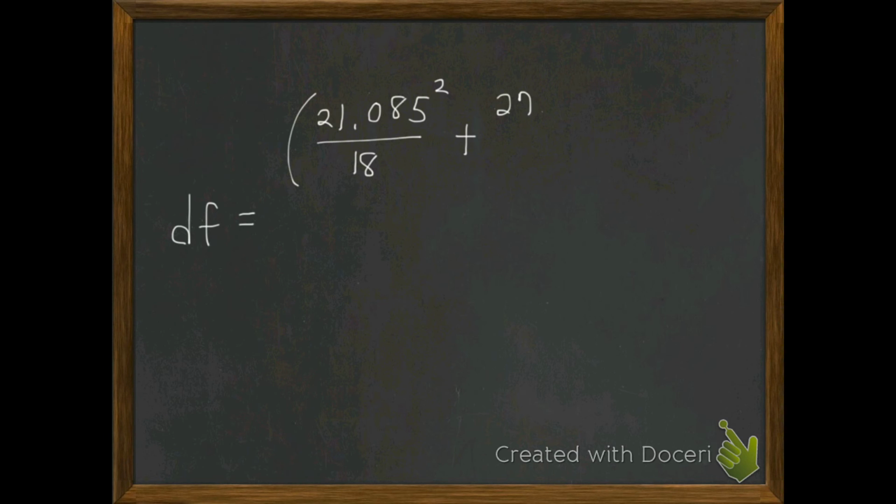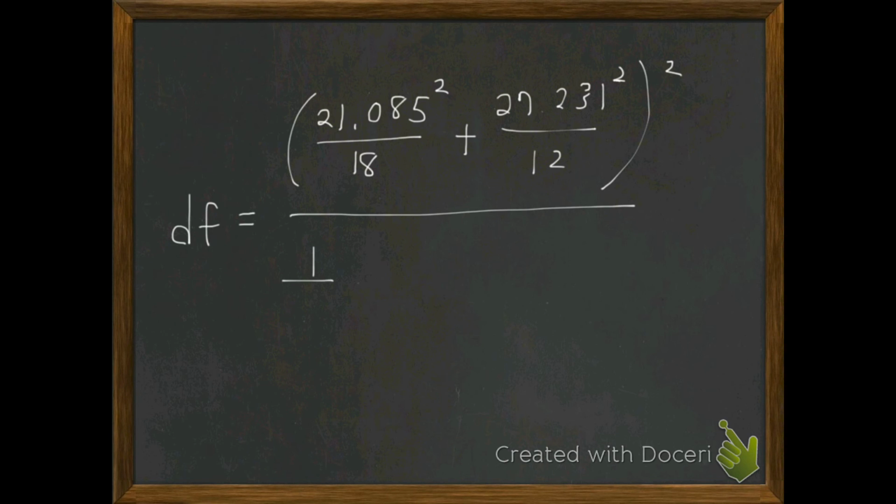So our degrees of freedom for this crazy problem, and this is the worst part of it, will be 21.085 over 18, plus 27.231 over 12, quantity squared.